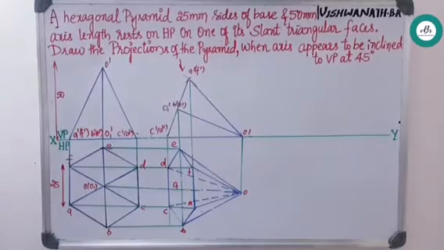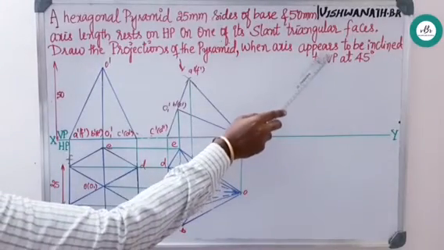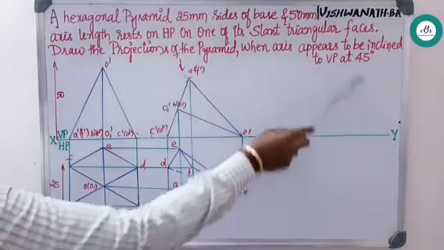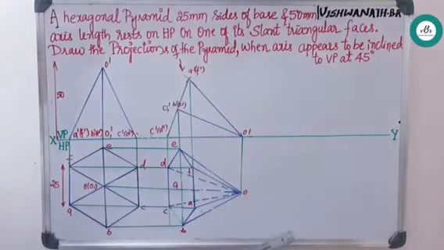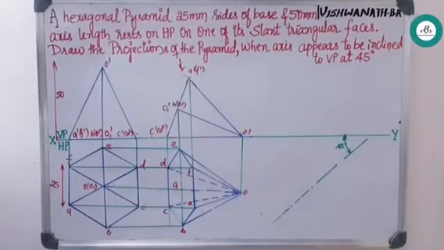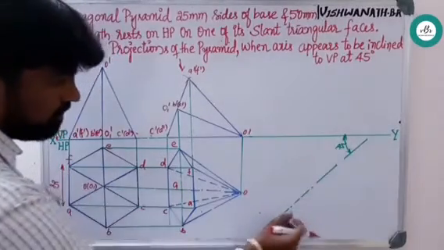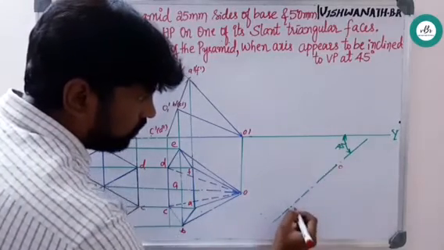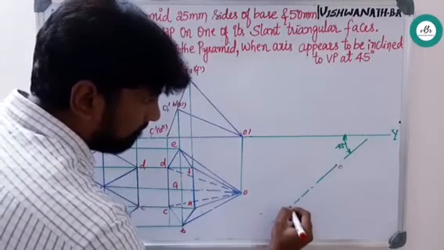Proceeding to the third condition, the axis inclination is given. Since appearance is given, it is a non-beta case problem. Draw it for 45 degrees and proceed with the problem. After drawing this 45 degree line, measure from o to o1.